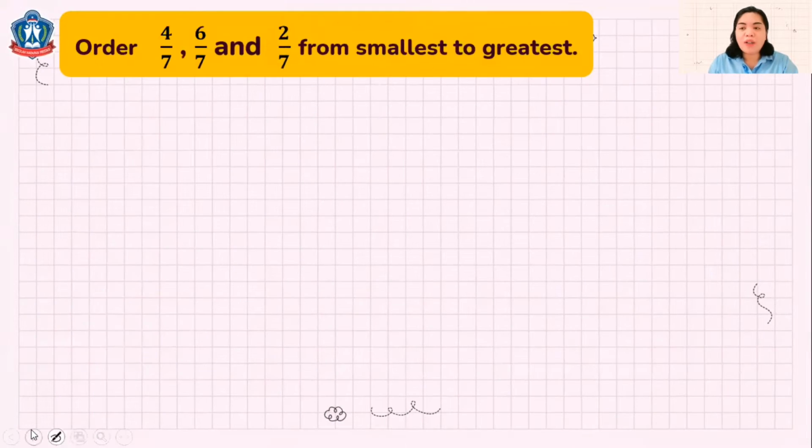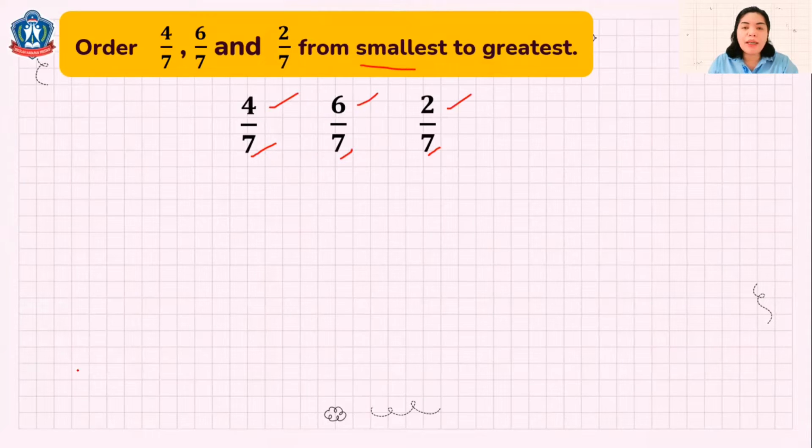Another, let's order or arrange these fractions from smallest to greatest. So we have 4/7, 6/7, and 2/7. When we order, let's compare them. Since they have the same denominators, it will be easier to order. So again, if the fractions have the same denominators, compare only the numerators. Which one is the smallest numerator?